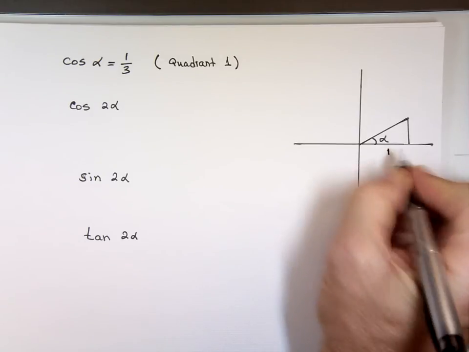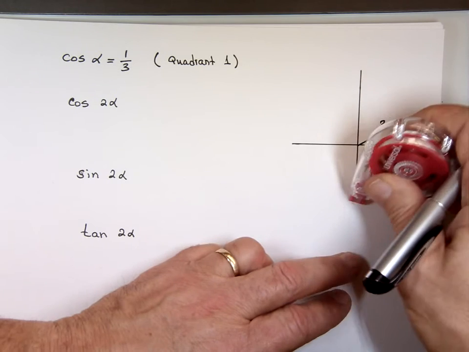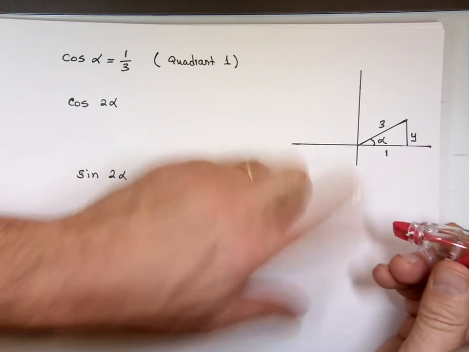Yes, so that's the 1, that's the 3. My scale is not really correct there. The angle should be bigger if you want to do the right scale. But it's not a big deal. Can I find the height? Because I need that for part 2 when you're looking for the sine, or even for the first one.